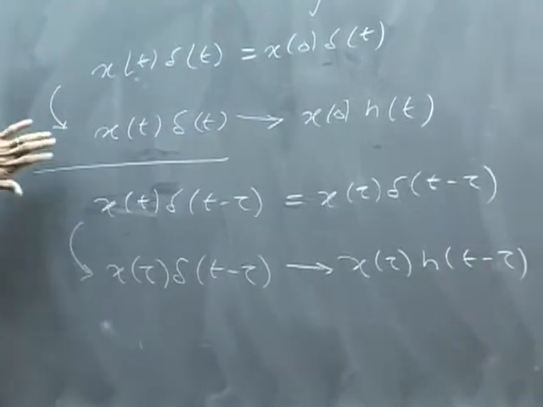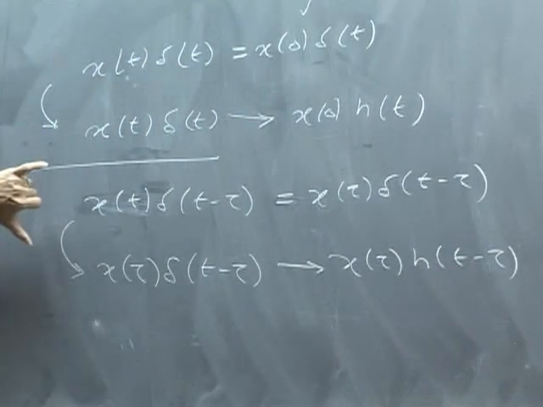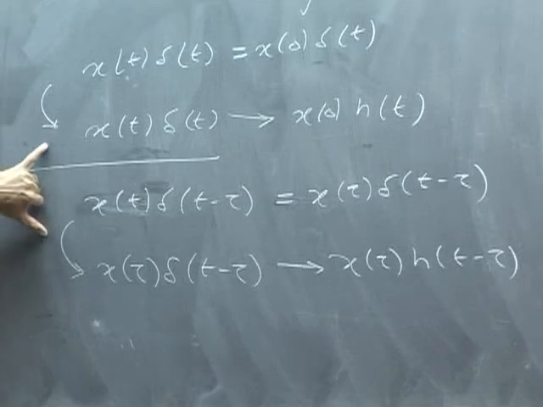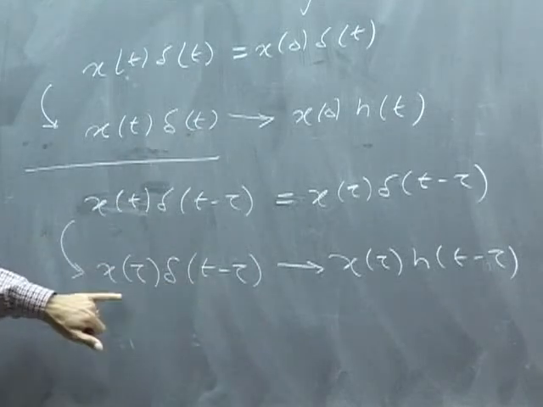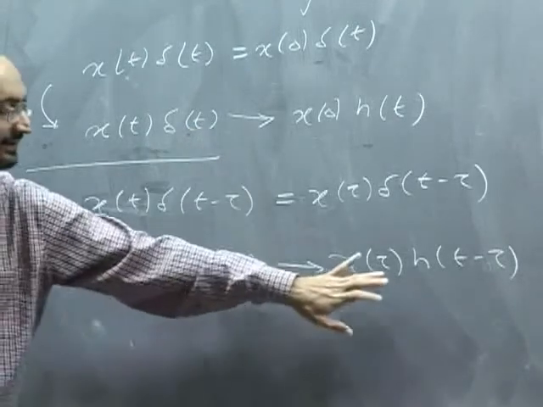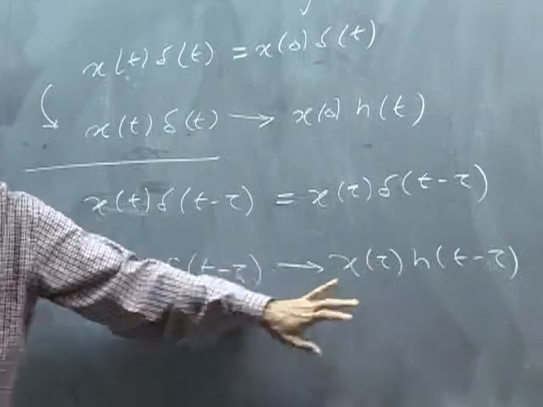Why? Because you see over here, if I take delta and I time shift the delta, then the only thing that matters is x(tau), and then the output is going to get scaled to become this one over here, right?